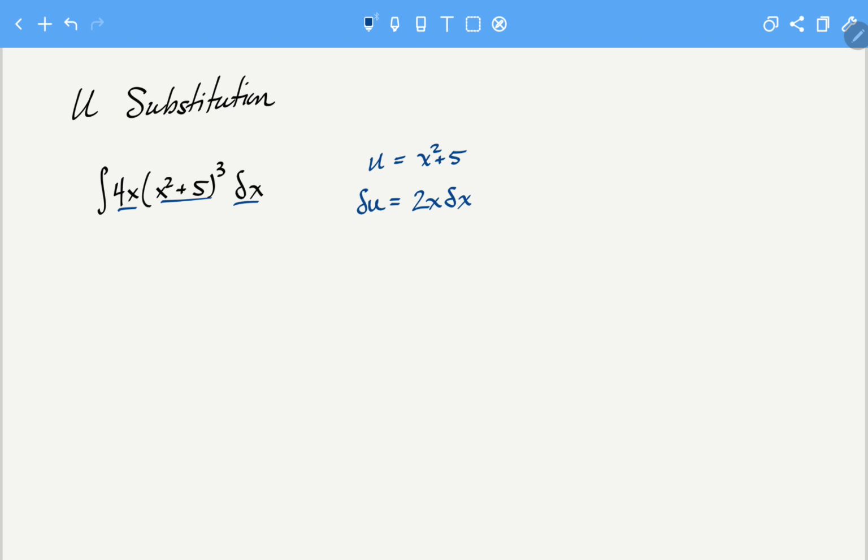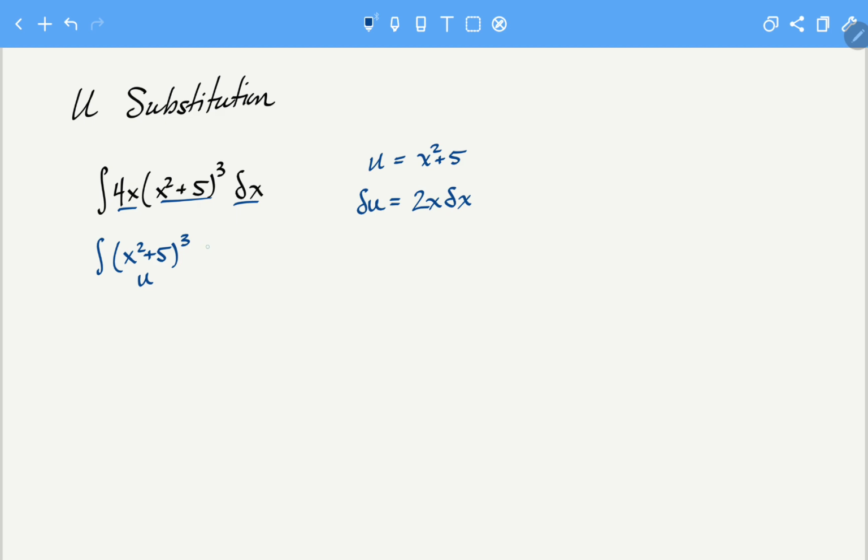So we can replace this stuff that I've underlined with our u and our du, and make our math much, much simpler. Just to show that out, we've got the integral of, with some subtle rearranging, (x squared plus 5) to the third. That represents our u.